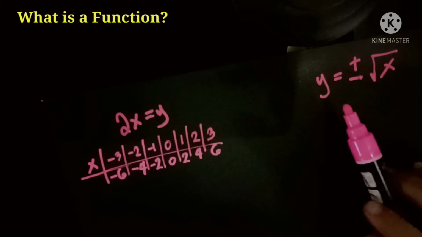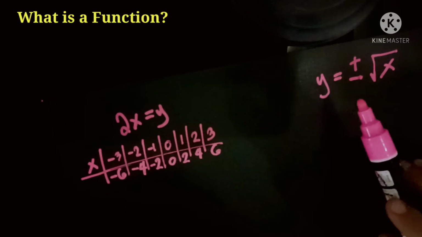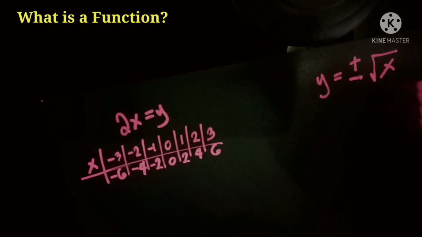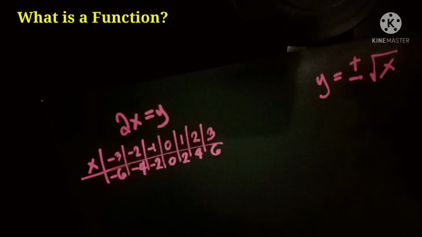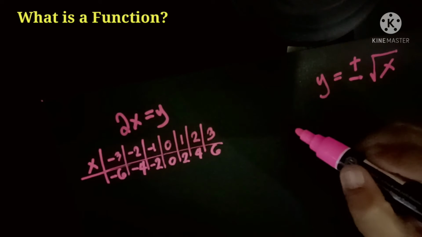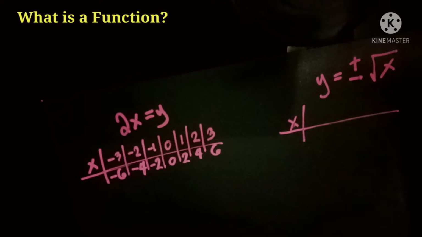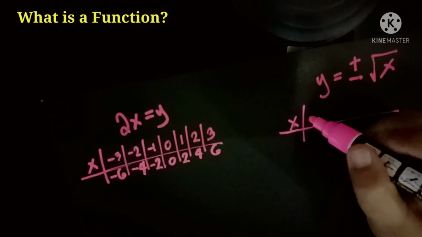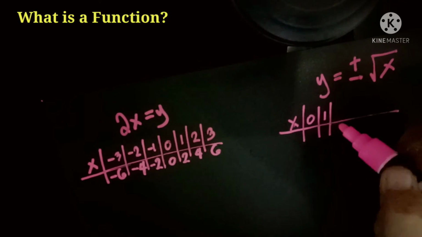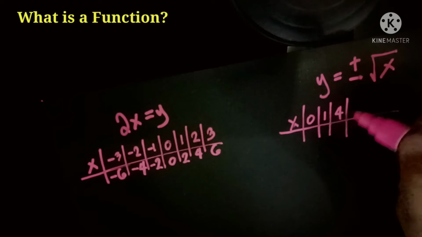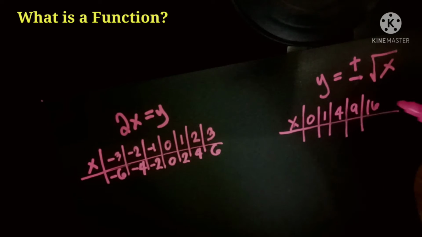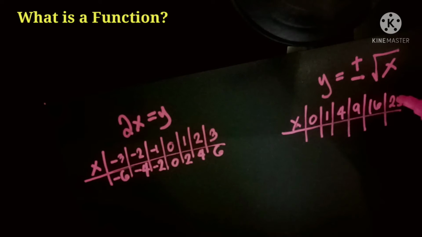Let's have y is equal to positive negative square root of x. Let x be perfect squares: 0, 1, 4, 9, 16, and 25.